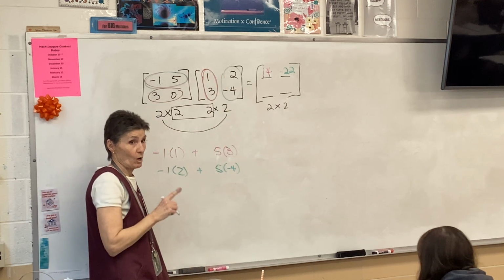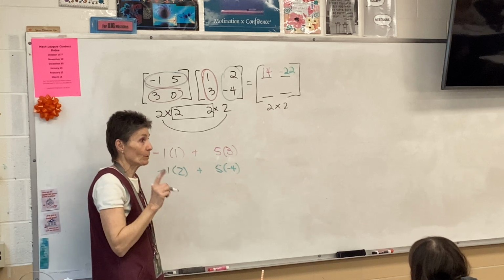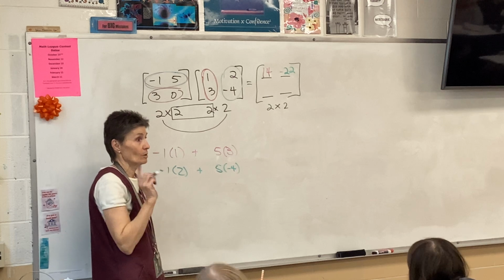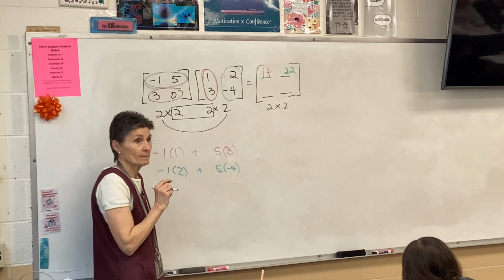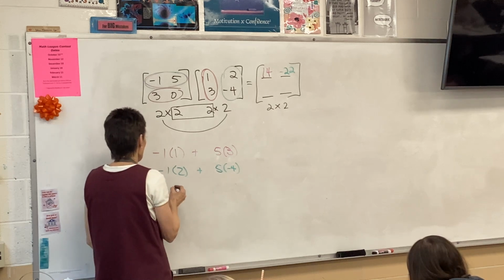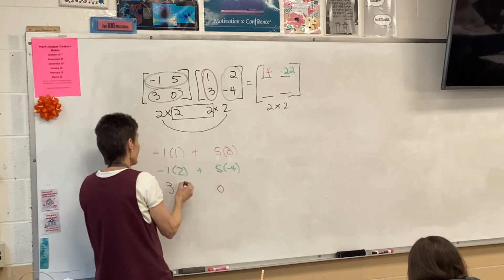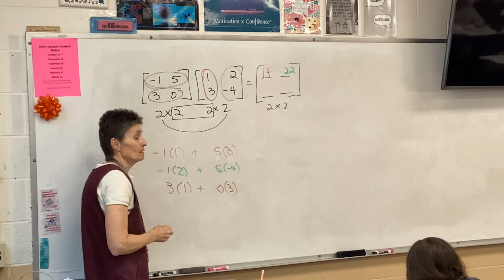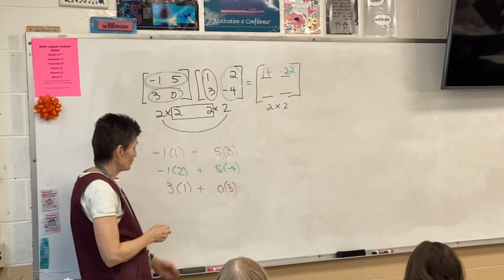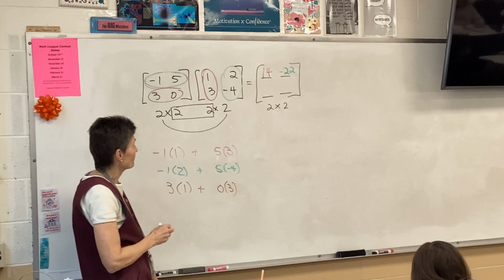It's always row, then column, and we'll remember that because we're in a Roman Catholic school. RC, row, column, right? So I write down my row, 3, 0, and then I write down my column, 1, 3, and what does that add up to? We're multiplying each pair and adding them, so that is 3.